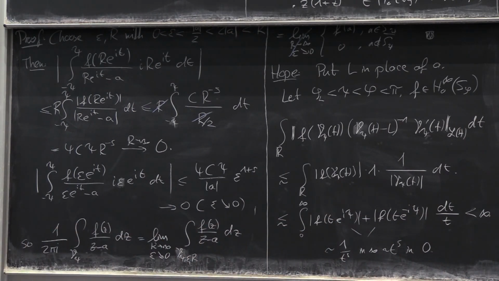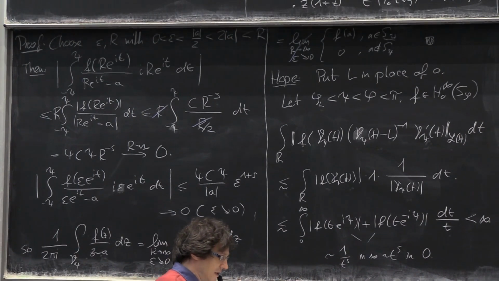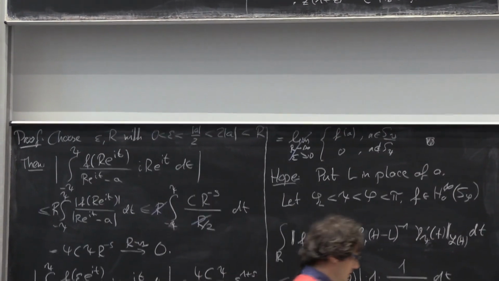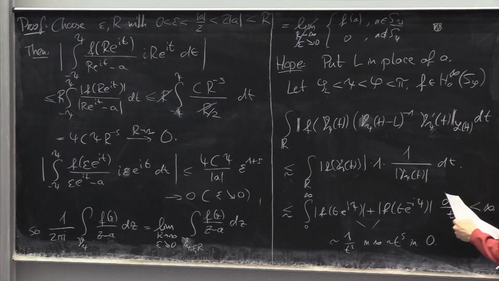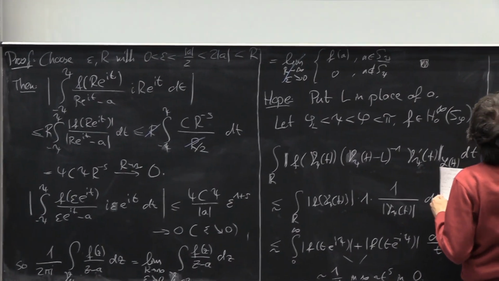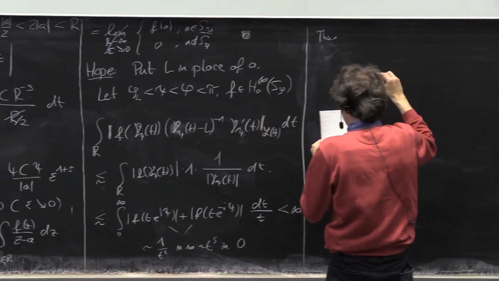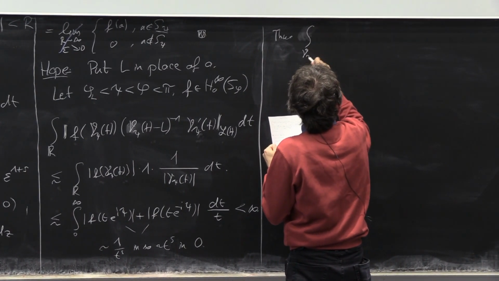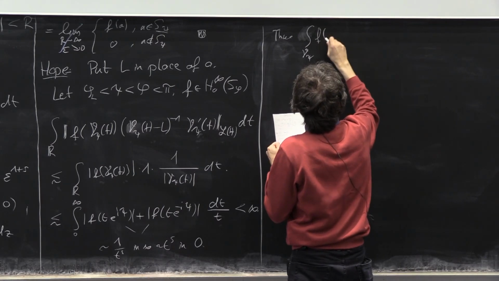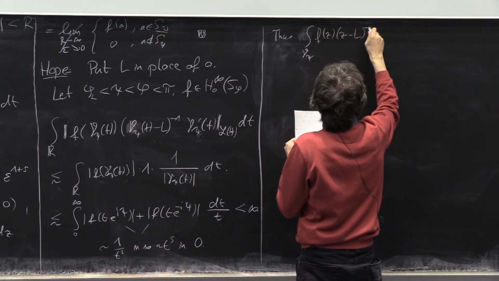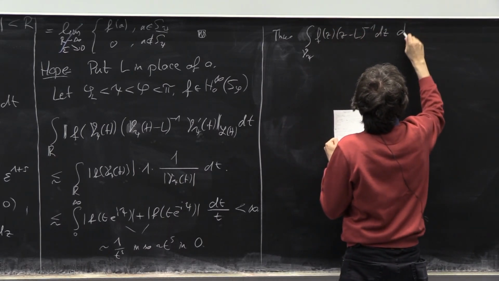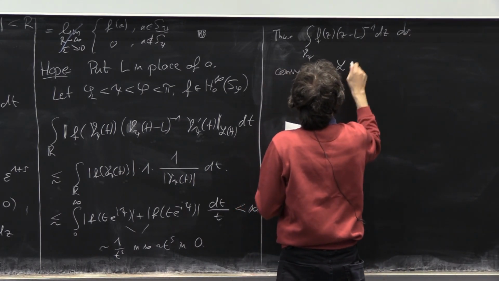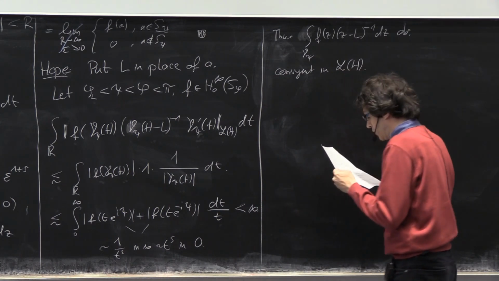So we indeed have an absolutely convergent integral in the Banach space of bounded operators on H. This means that the integral of f of z times (z minus L) to the minus 1 dz along gamma psi is absolutely convergent in L of H, so there is some limit.